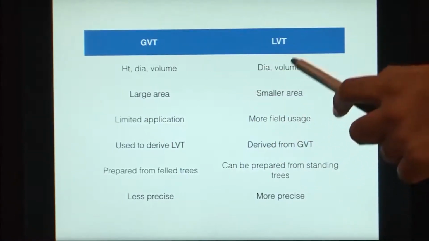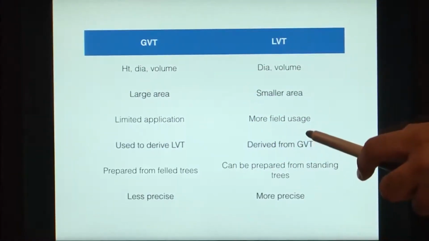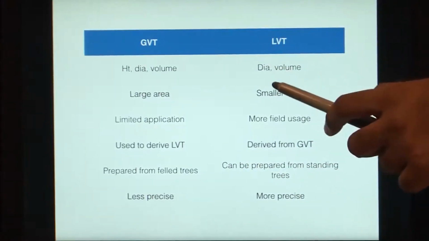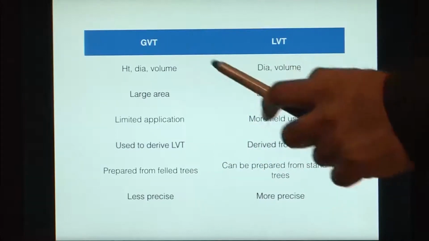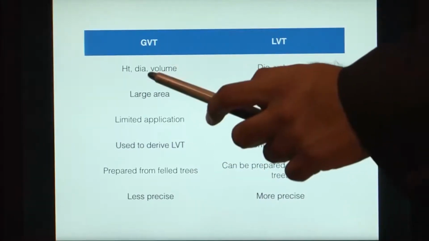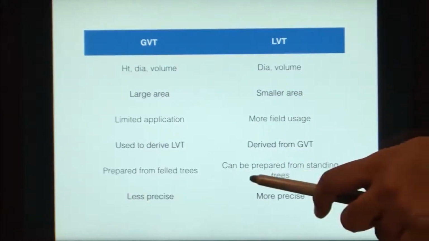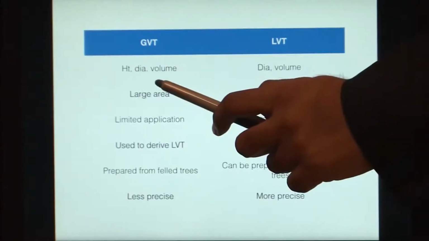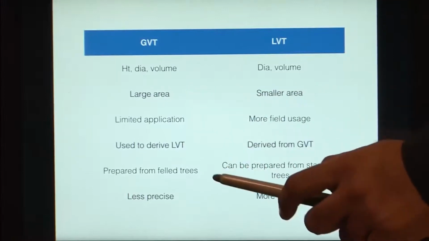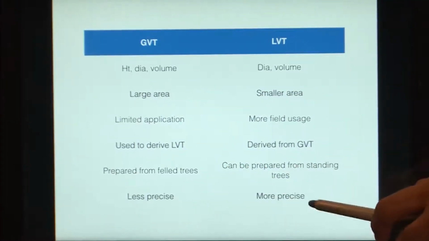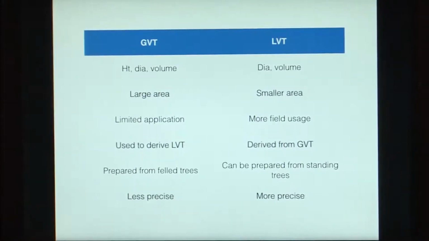But because your local volume table is derived from the general volume table, it can be prepared from standing trees as well, because you only need to measure the diameters, and you can always get the volume from your general volume table considering the heights. So, it can be prepared from standing trees and the general volume table. Now, the general volume table is less precise for field applications, whereas a local volume table is much more precise.